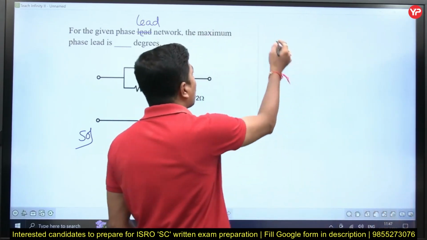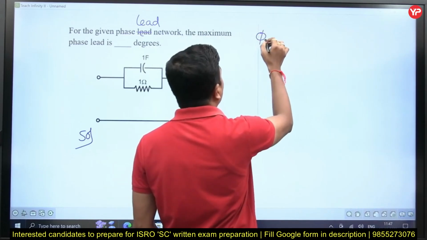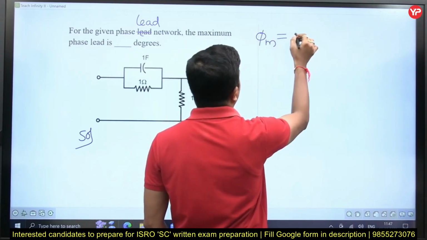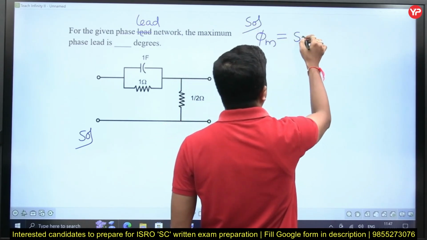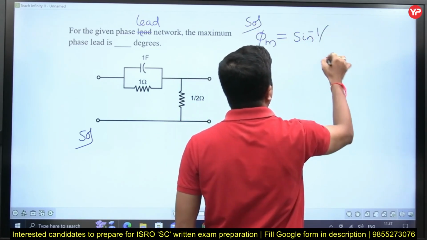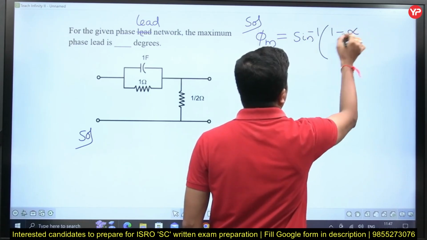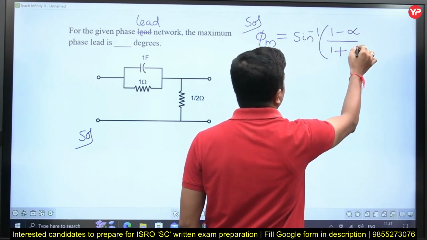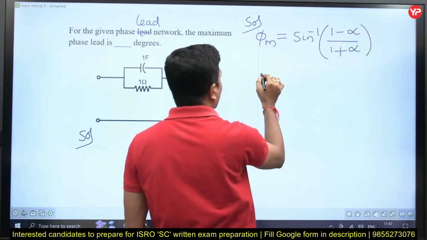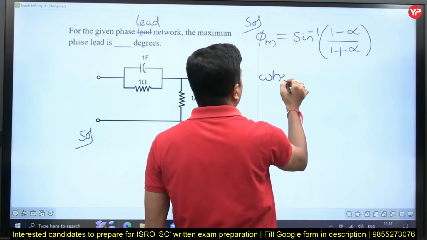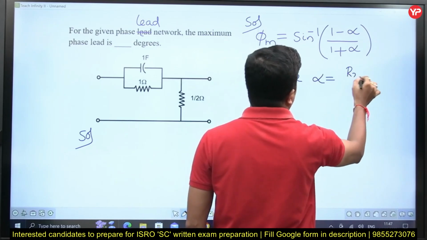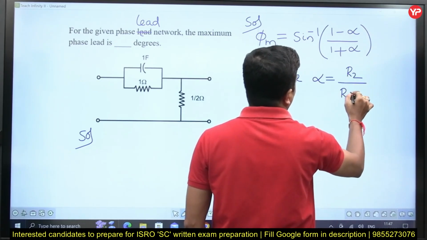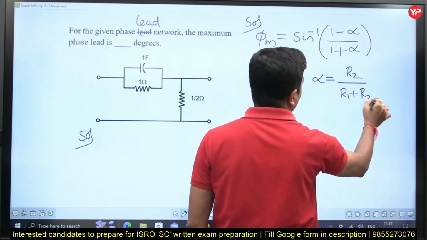So we have the formula: maximum phase angle phi m is equal to sine inverse of (1 minus alpha) by (1 plus alpha), where alpha is equal to R2 by R1 plus R2.